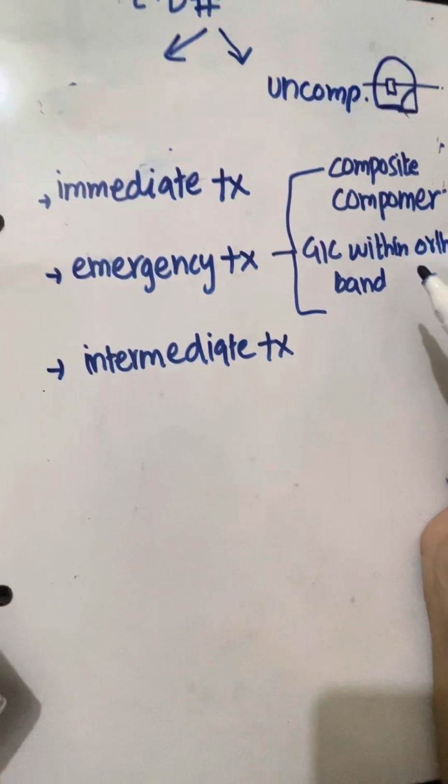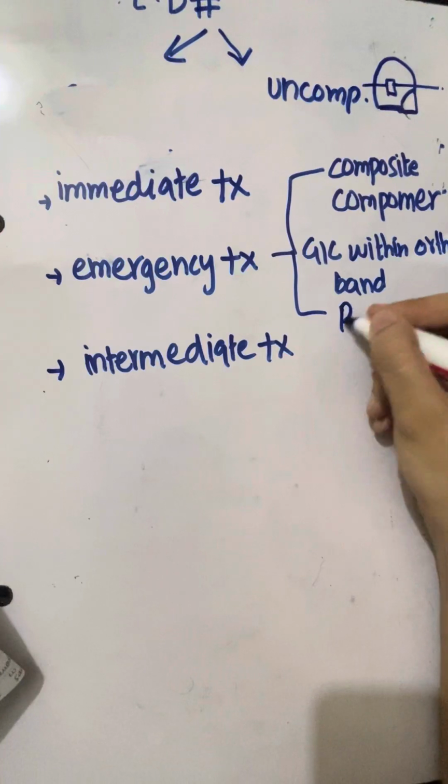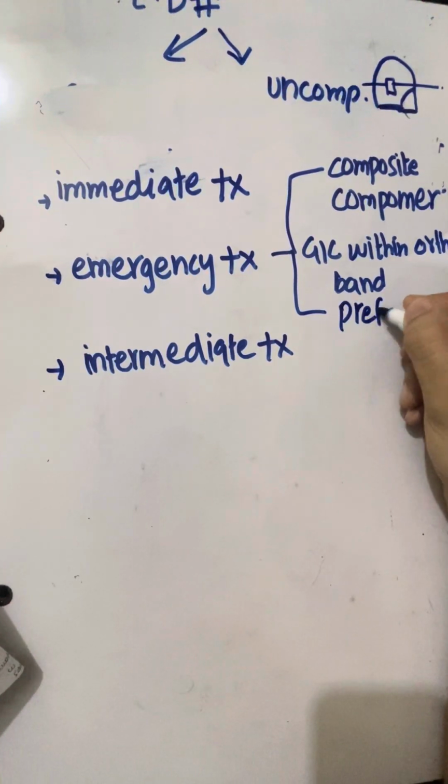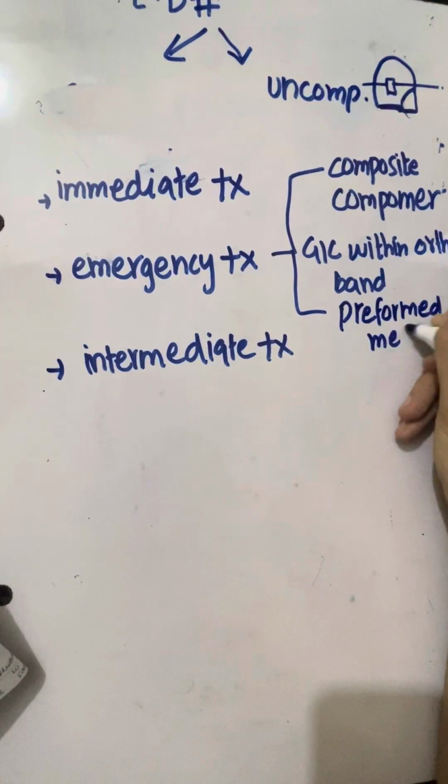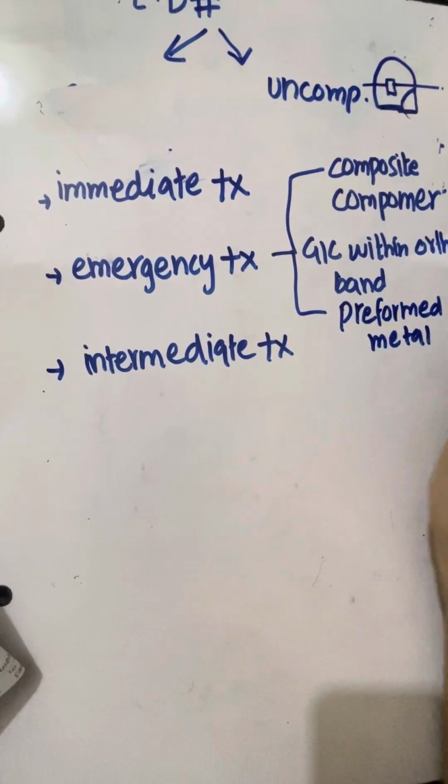And if there is insufficient enamel, we will go for a preformed metal crown.